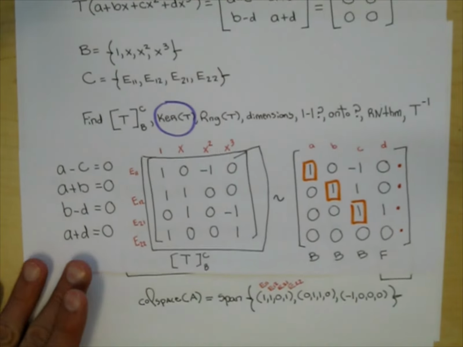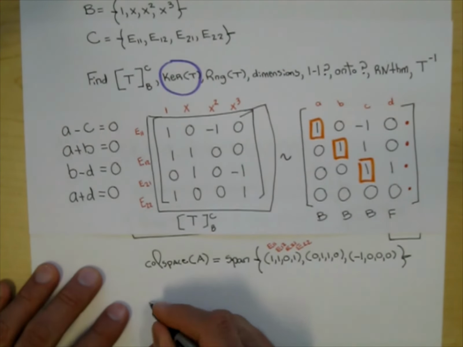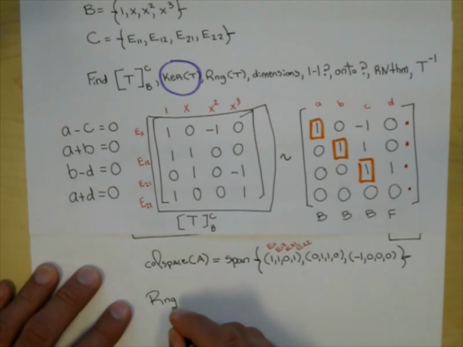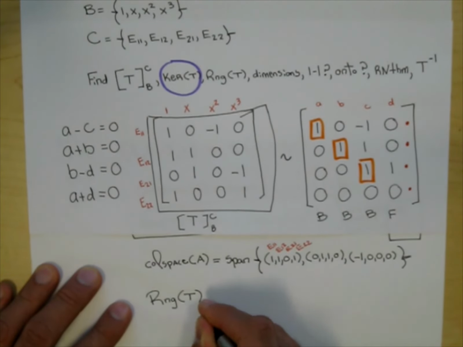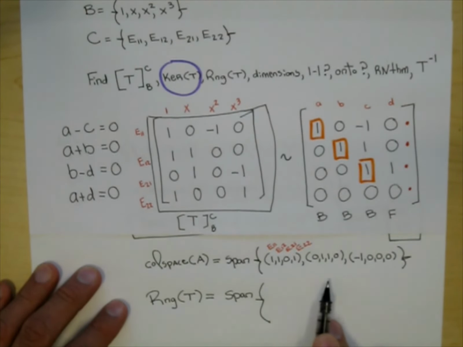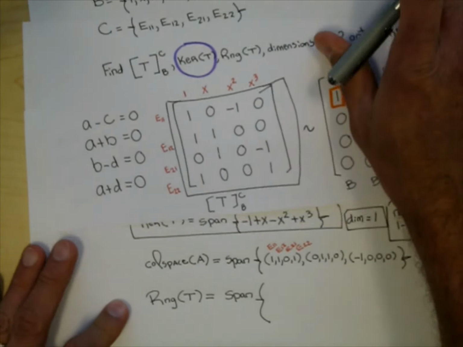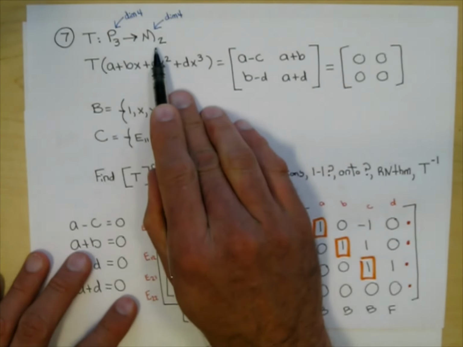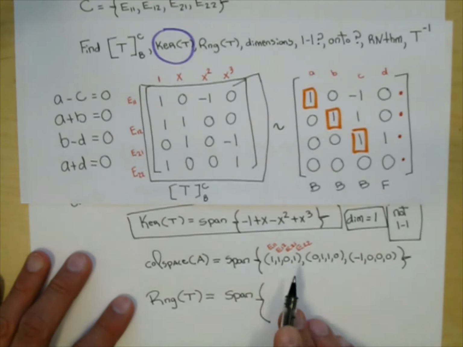So when I'm translating the column space to the range of the linear transformation, I'm going to say the span of 3 vectors. Those 3 vectors aren't going to be in R4, they're going to be the 3 vectors in M2, which correspond, and this is going to help me get it.